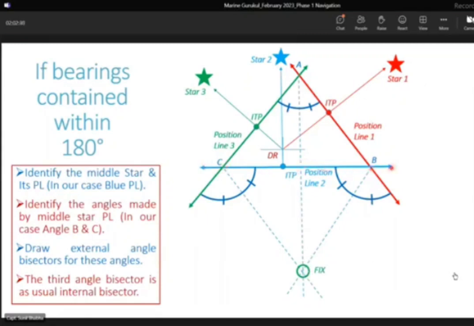Our middle position line was the blue PL. So you will see the fix will always be on the side outside the triangle towards the side of the middle PL, middle position line. So with this we complete the resolution of the cocked hat in the scenario when the bearings are contained within 180 degrees.